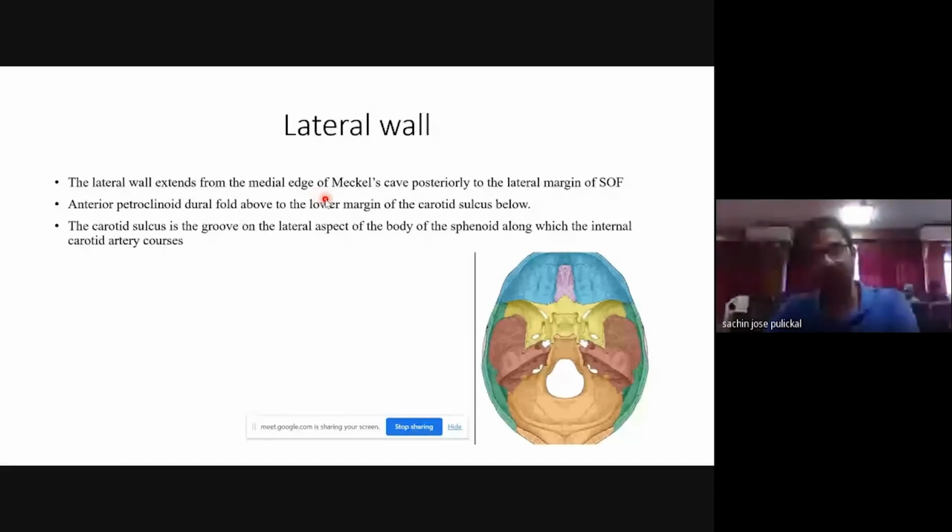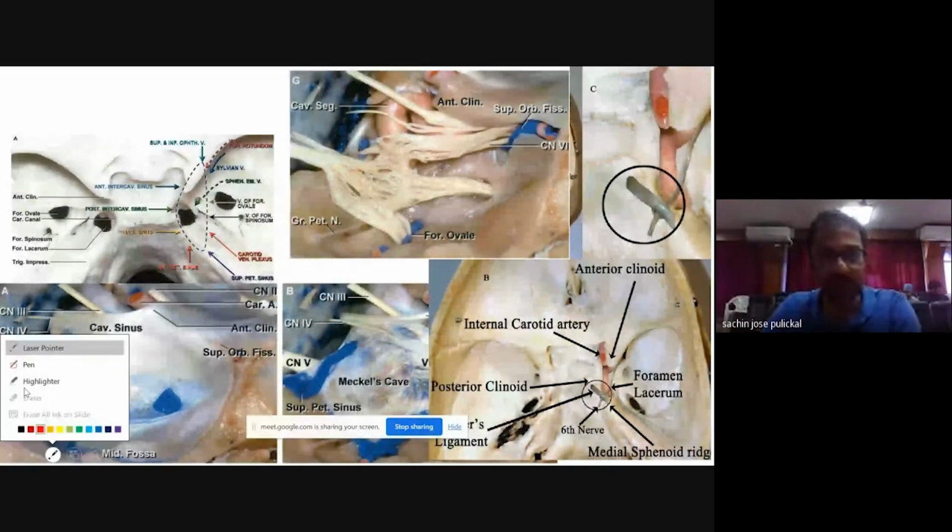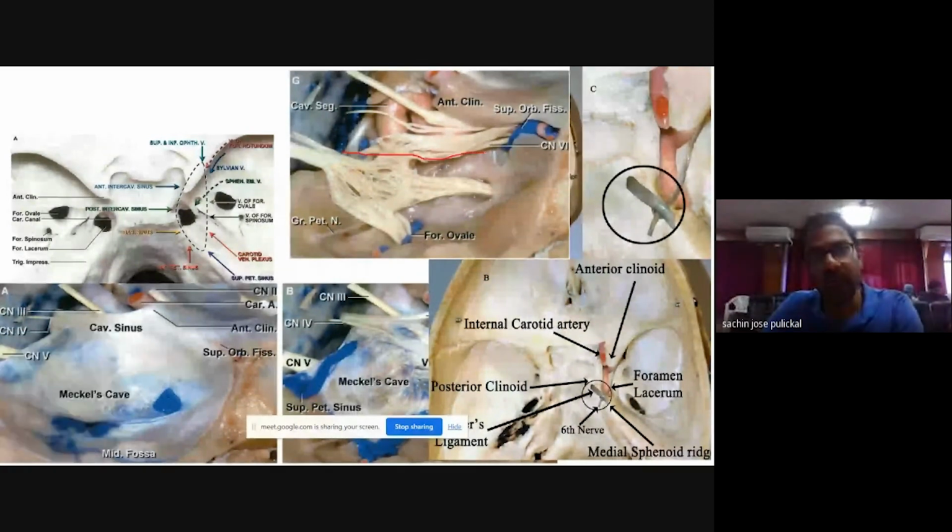If I draw a line in this picture, the lateral wall will extend along the medial part of the cavernous sinus, along the upper half of the Gasserian ganglion. The trigeminal nerve enters from the posterior fossa into the supratentorial compartment through a cave called Meckel's cave, which will lie somewhere over here. After the cave, it forms a ganglion, which is called the Gasserian ganglion.